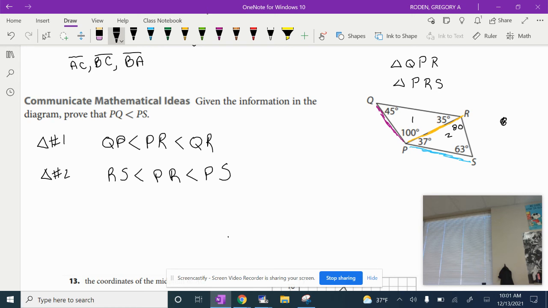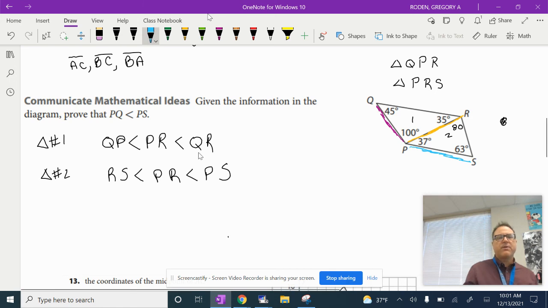Okay, say that again, Will. Good job. Say that again, Wyatt. Sorry, Wyatt. Because PS is greater than PR. Okay, so here's what Wyatt is saying. PS is greater than PR in this one, right? You guys understand that? Keep going. And PQ is less than PR.